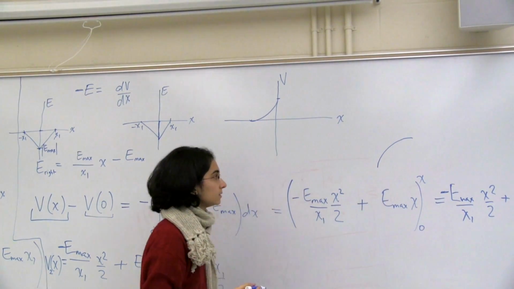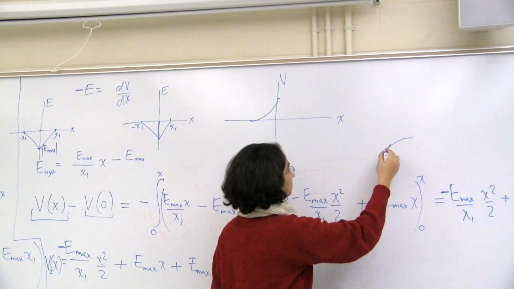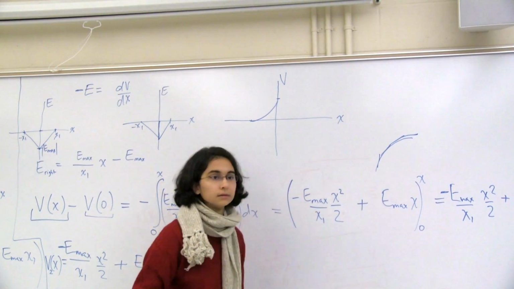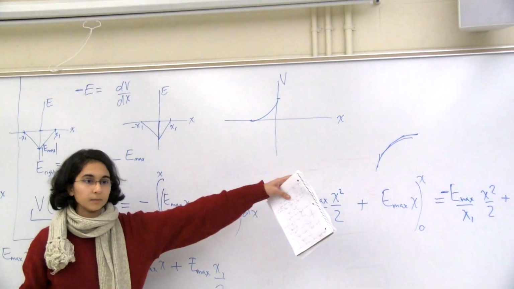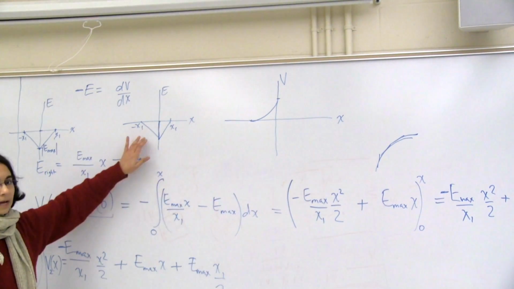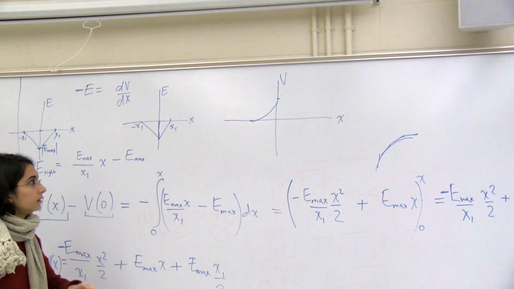Just what is happening to the slope of that graph? It's getting less. Yeah. So my slope is decreasing for that parabola, right? Which is not what is happening with my graph, with my E versus x.